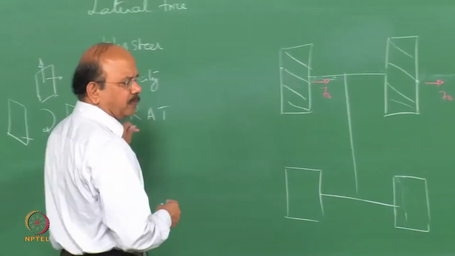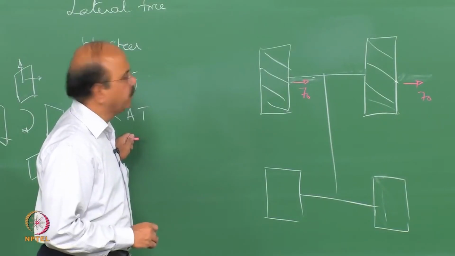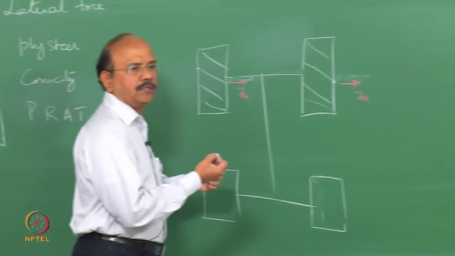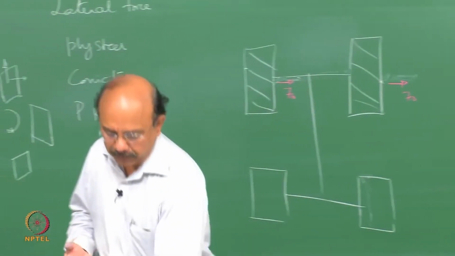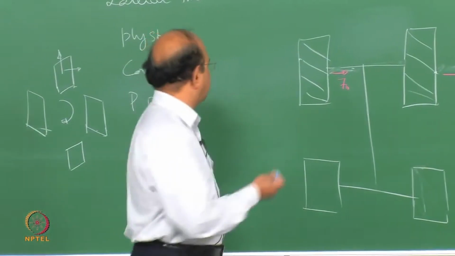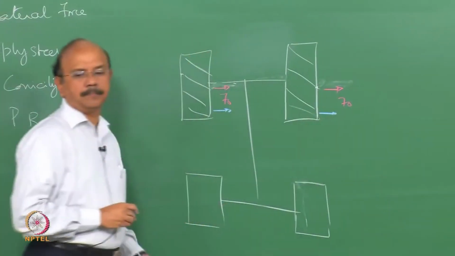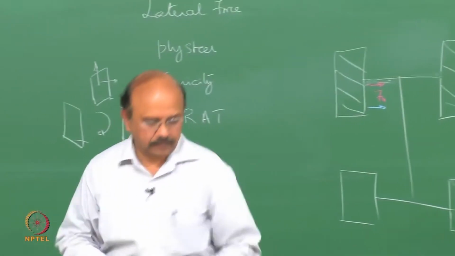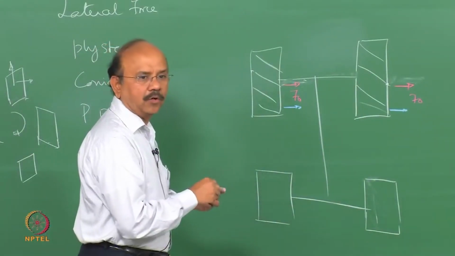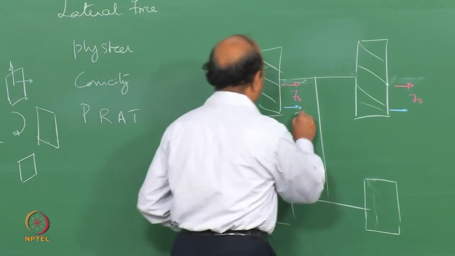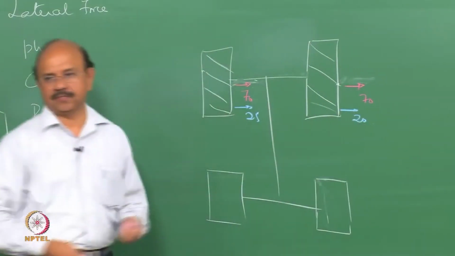For the time being, we will just leave it and look at conicity forces. Conicity forces depend upon, as I said, the belt offset, which can be in any direction. Let's say that it acts in this direction. It can be anything. It is not a constant because it is due to manufacturing and so on. Let's say that it is 25, 20, or 15, 10, or whatever it is.